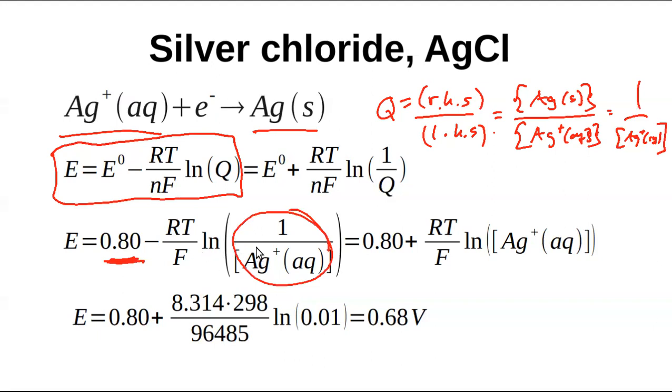If we want to skip the 1 upon Ag and only use the concentration, then we invert the argument, and then we also get a sign change in front here. But the idea is that the reduction potential, the E, is 0.68 volt instead of 0.80 volt, as it is on, this is E naught.